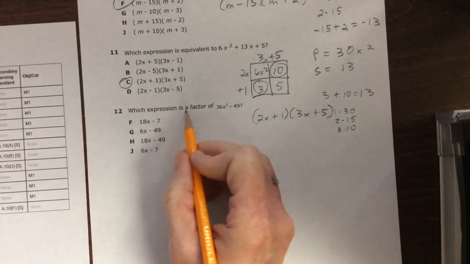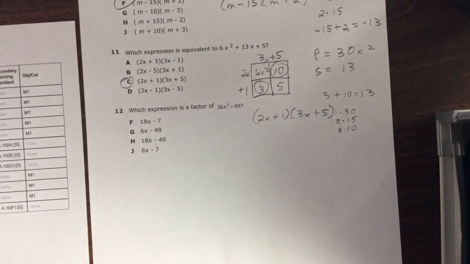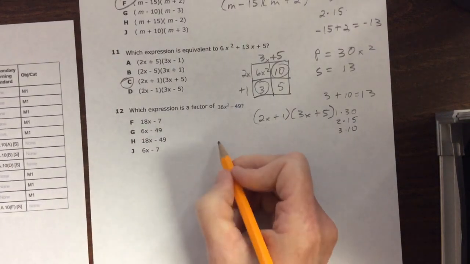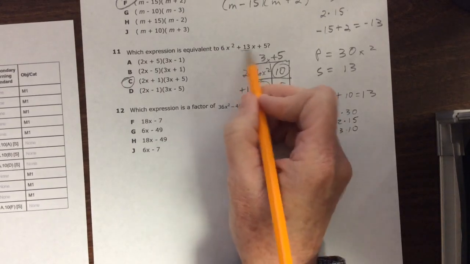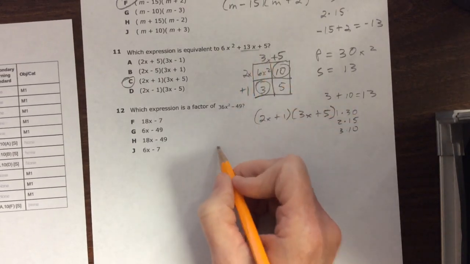And finally, which expression is a factor of this? So we're looking for something that will cancel each other out because we don't have a middle, we don't have a sum.